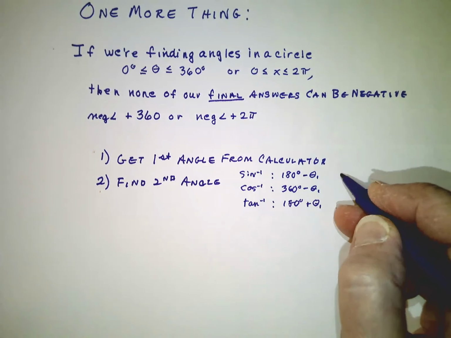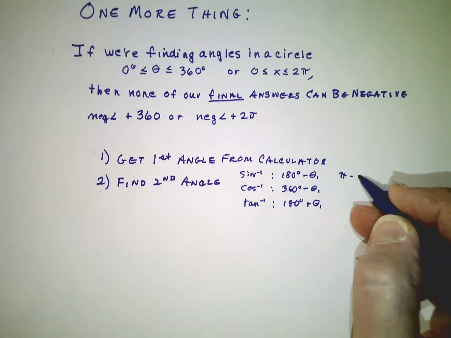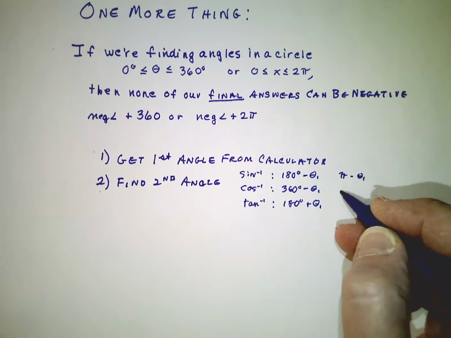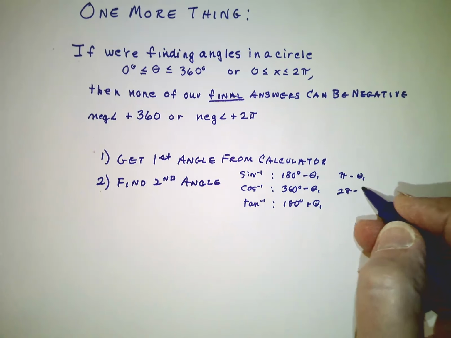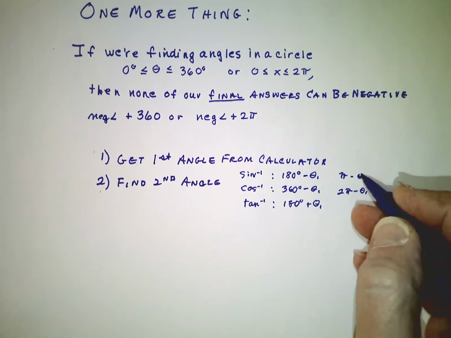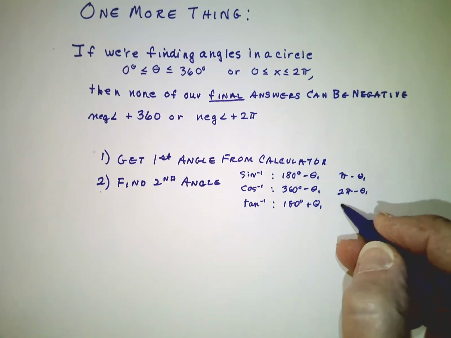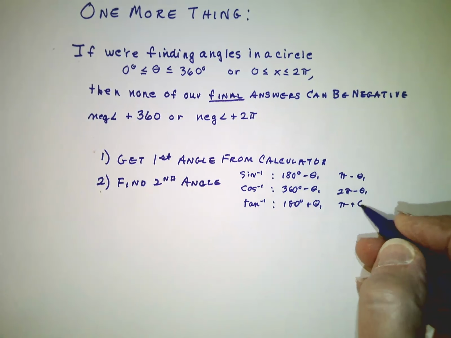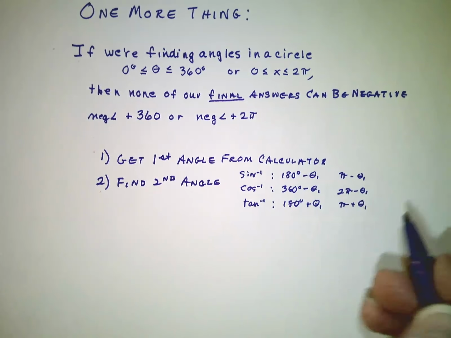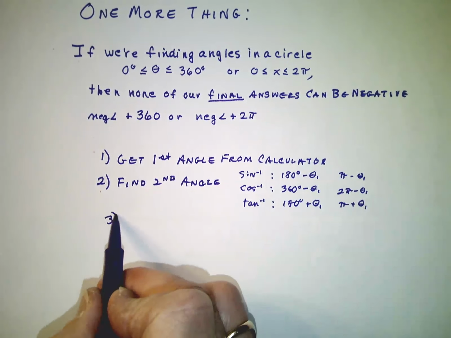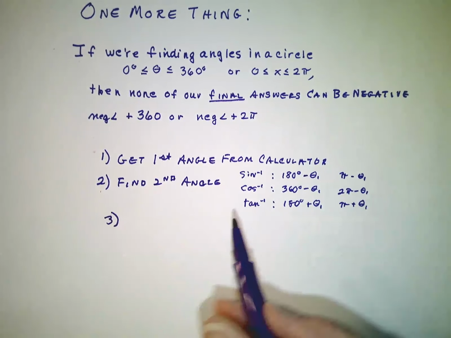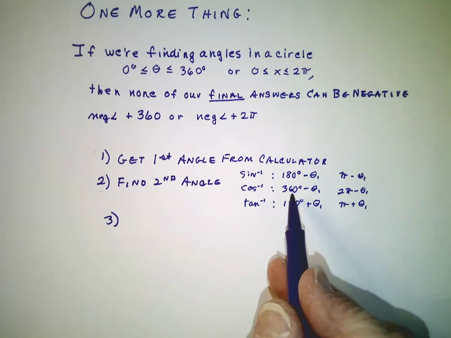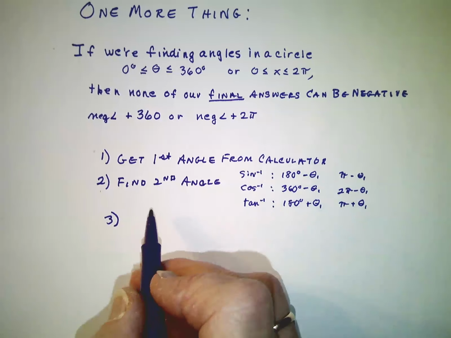Now if it's in radians, this would be pi minus the angle. And for inverse cosine, it would be 2 pi minus the first angle. And for inverse tangent, that would be pi plus the first angle. Then we go back and check our final answers. If these come out negative, that's okay. We leave them the way they are.